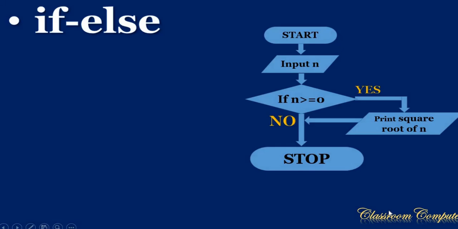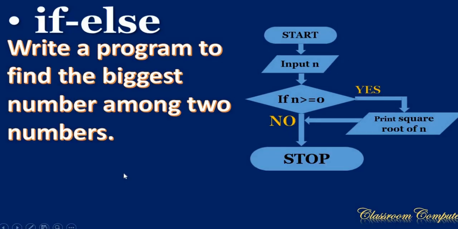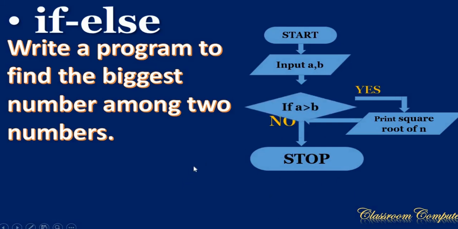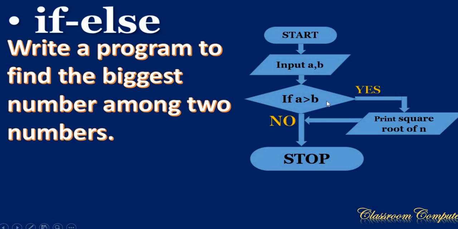This is a previous flowchart. So our program is: write a program to find the biggest number among two numbers. So let's change this flowchart, the flowchart for if, to an if else flowchart. This input should be two numbers, so I input a and b. Next, I have to compare those two numbers. So the decision box is if a greater than b.